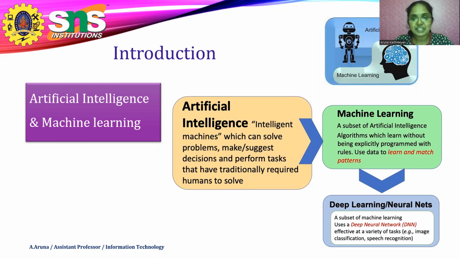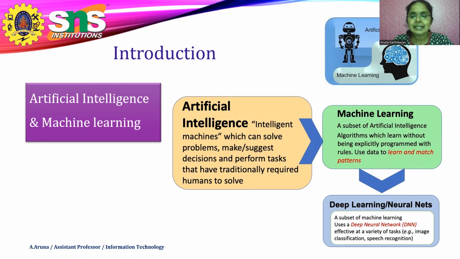The next one is machine learning. Machine learning is a subset of artificial intelligence algorithms. Without explicit programming, by learning from past experience, it will match patterns and produce the output. This can be called learning. These two are interrelated, and we use these two technologies in different applications, areas and fields.